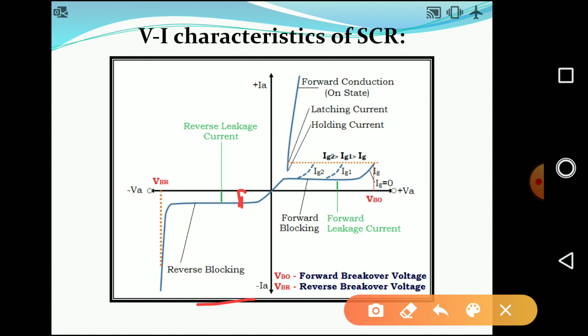Reverse leakage current means that during reverse biasing mode, the J1 and J3 junctions are reverse biased and a depletion layer forms, and J2 is forward biased. As there is a depletion layer and the supply is continuously given, heat is generated at the depletion layer, and due to this heat electrons are generated.